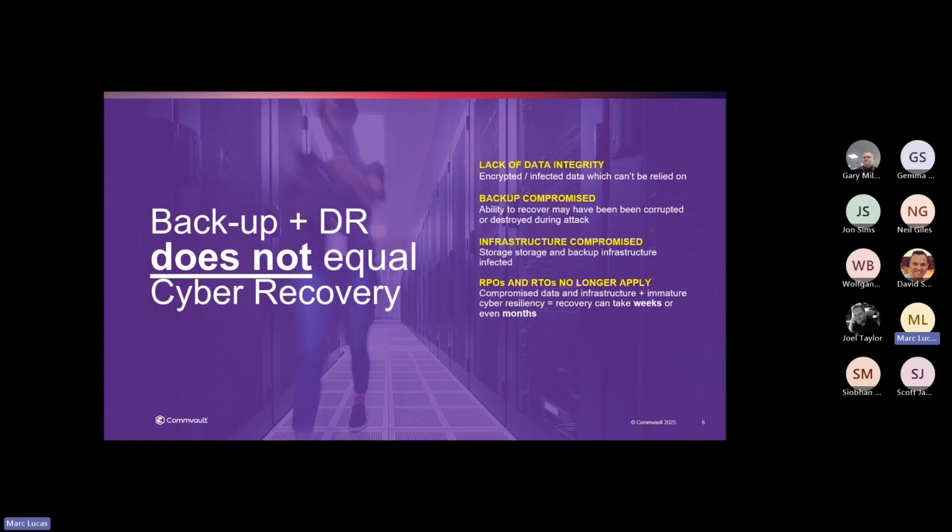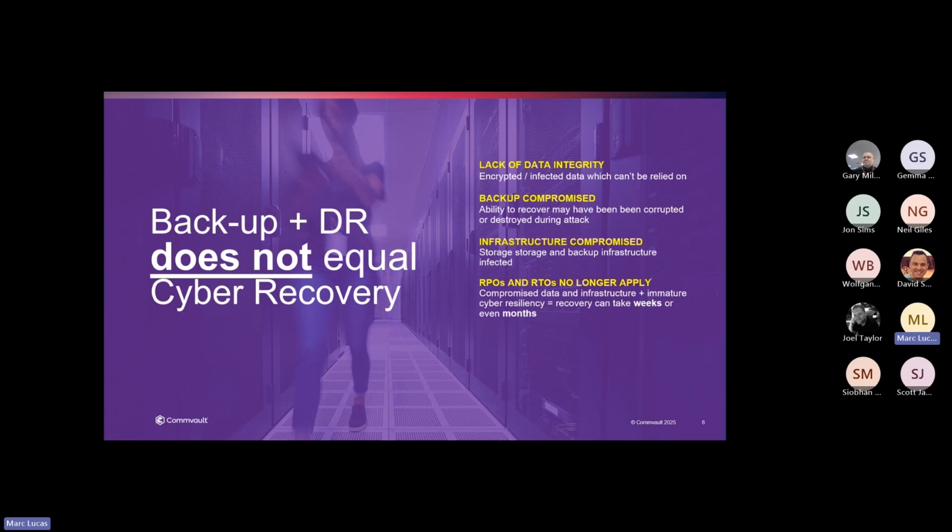So your customer needs to now start thinking about the mean time to clean recovery. I mean, that's too many initials to think about, but what is it that they need to be able to have a clean recovery, and then to get the core minimum part of their business back online? And that's not going to be provided by backup and DR.